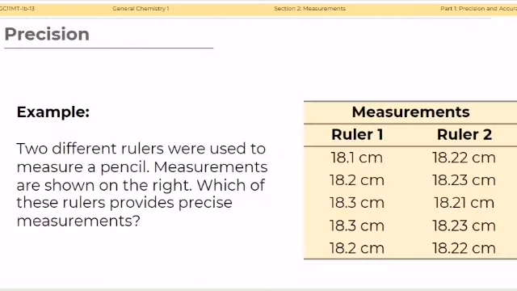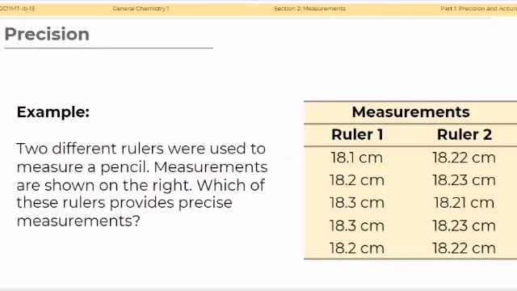Let us have a sample problem. Two different rulers were used to measure a pencil. Measurements are shown on the right. Which of these rulers provides the precise measurement? What is your answer?